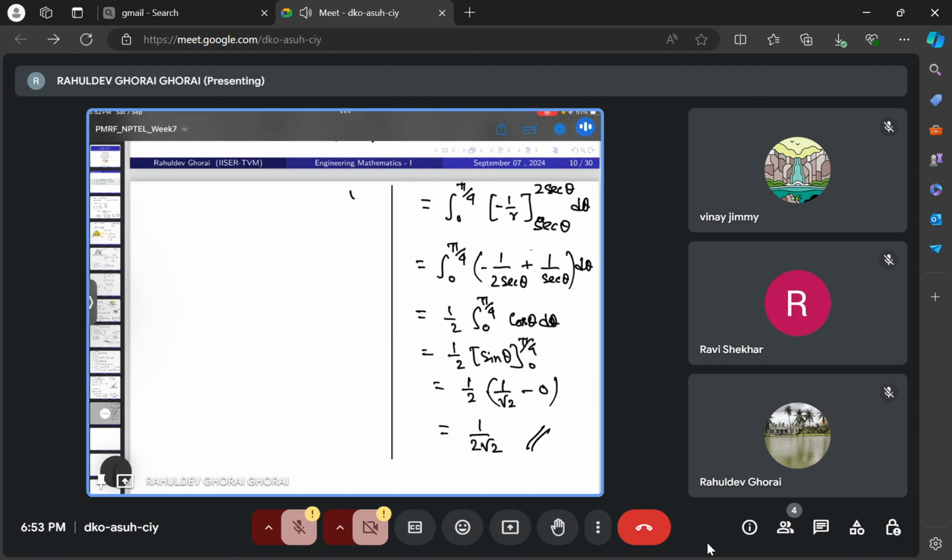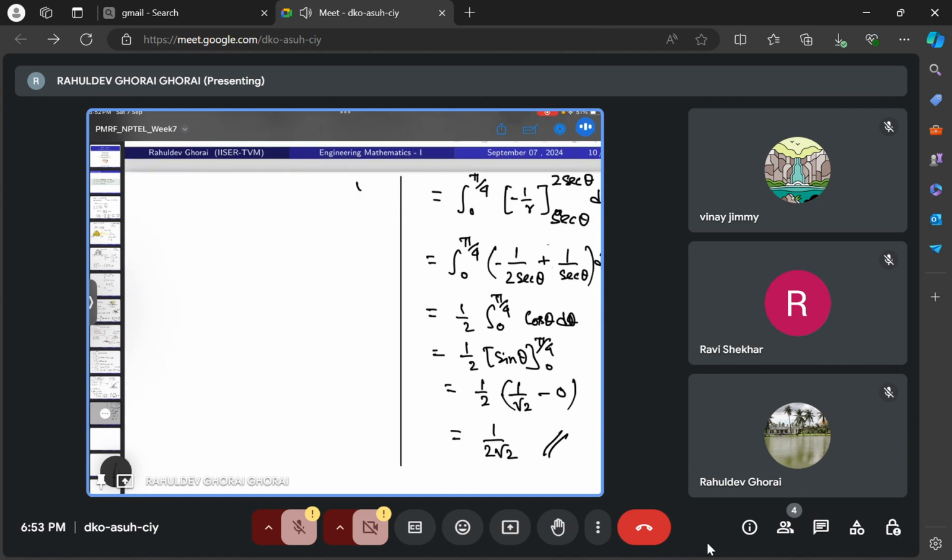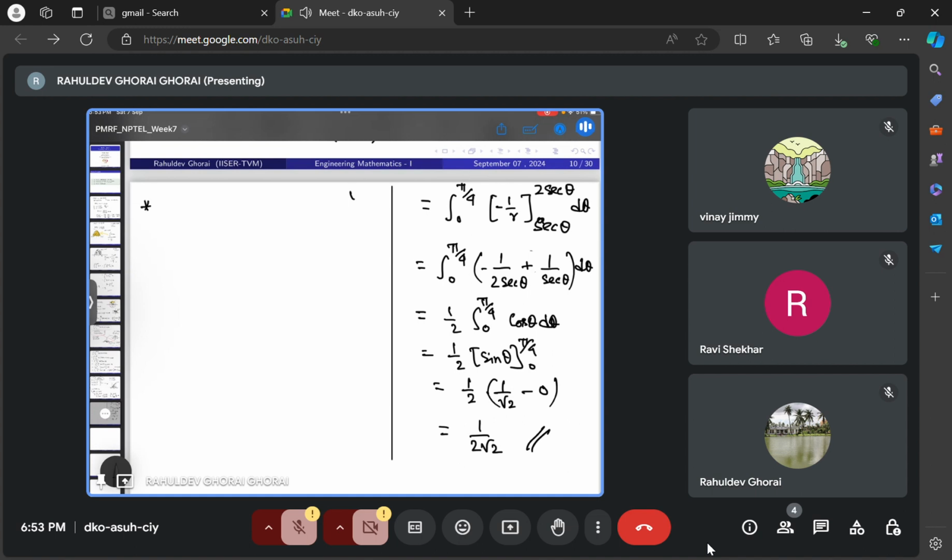Find out the area of the region that lies inside r is equal to 3 plus 2 sine theta and lies inside this and outside r is equal to 2.